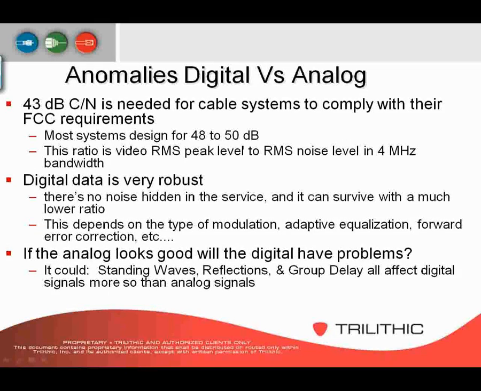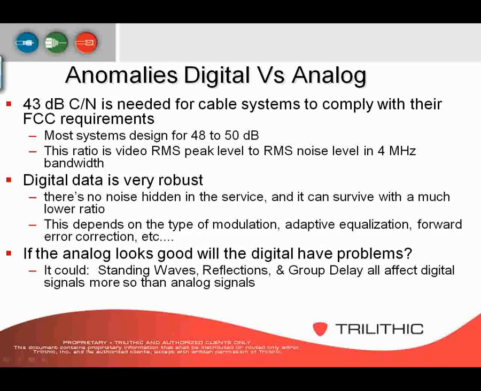So, some of the anomalies of digital versus analog. 43 dB carrier to noise is needed for cable systems to comply with the FCC requirements. Most systems are usually around 48 to 50. The ratio is video RMS peak level to RMS noise level in that 4 megahertz bandwidth, which is where the noise is measured.